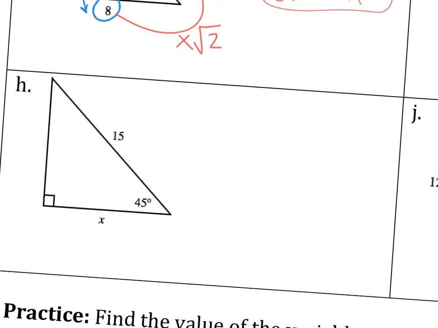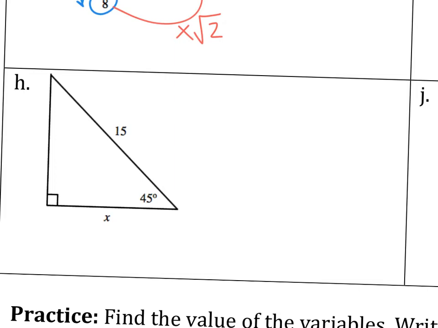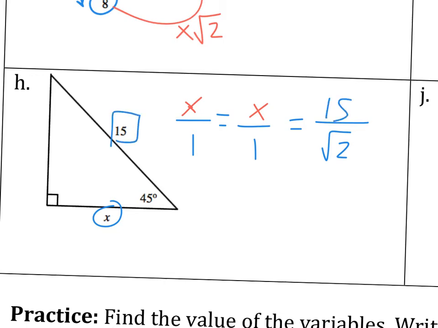So notice here, how do I approach this one here? Well, one way to approach it is 1, 1, radical 2, like this. Set up my proportion. X's are my legs, so they go there. And 15 is my hypotenuse, so it goes there. Notice here that x over 1 is x. It's done.